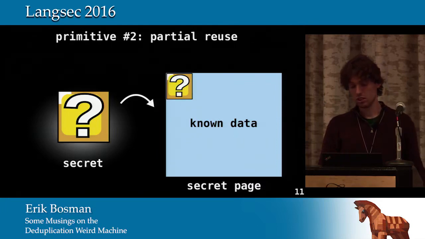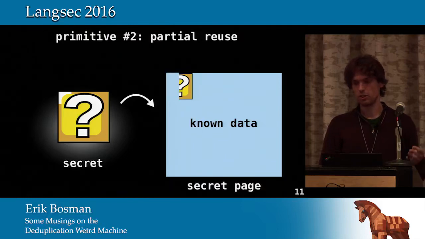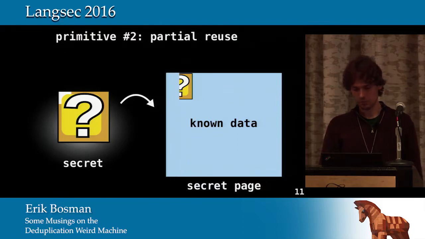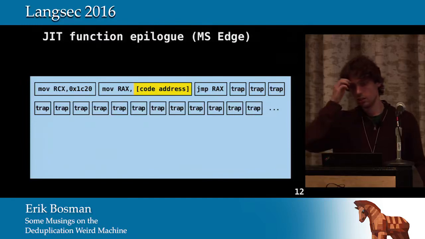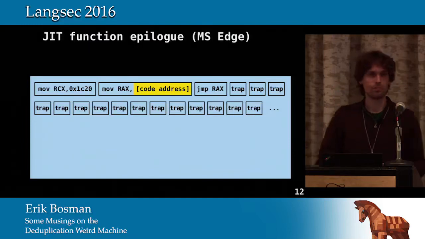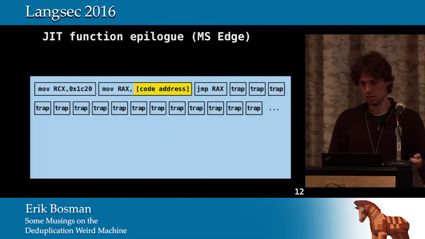If you don't control the alignment, there might be a different way of getting what you want, which is to overwrite part of the secret. In our exploit, we use the first primitive.